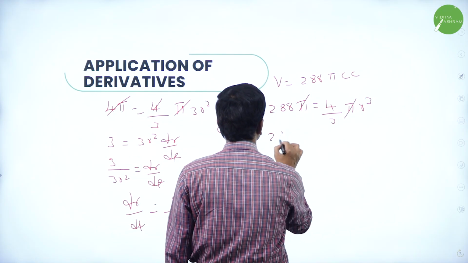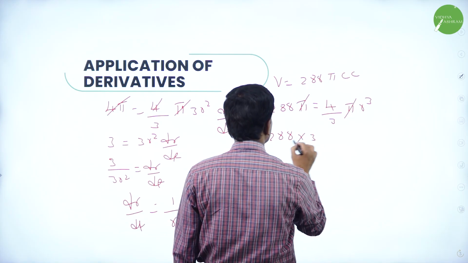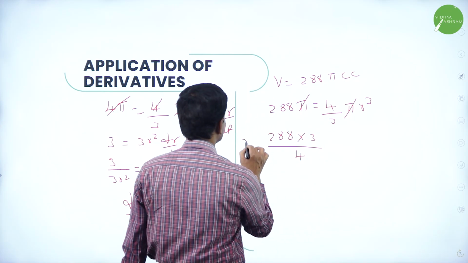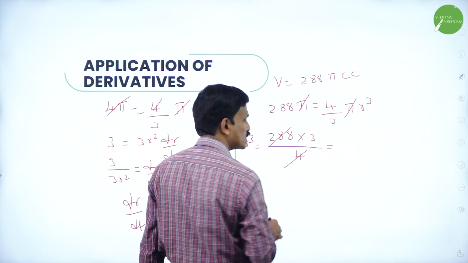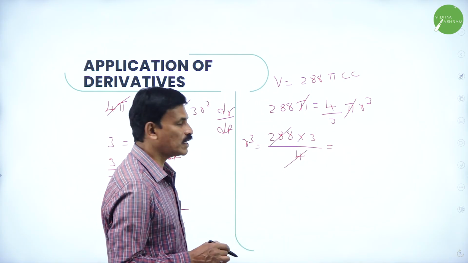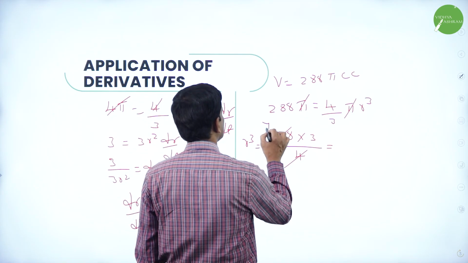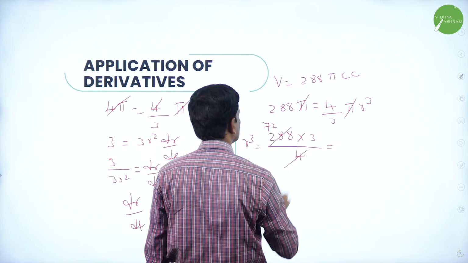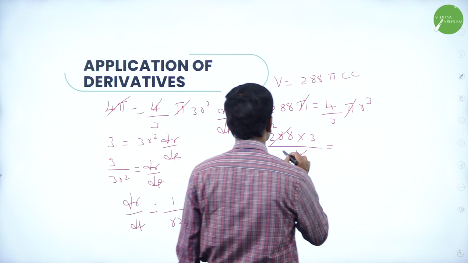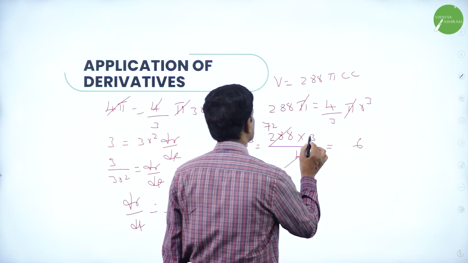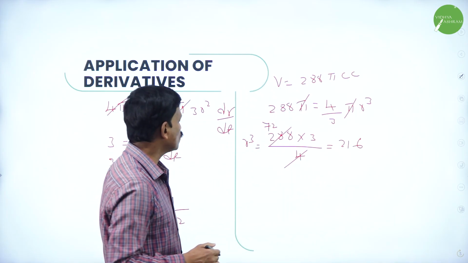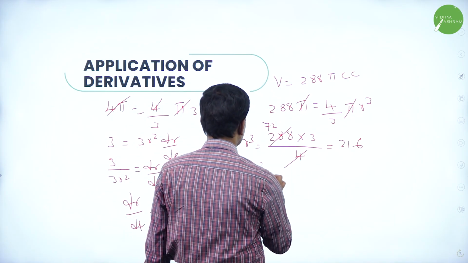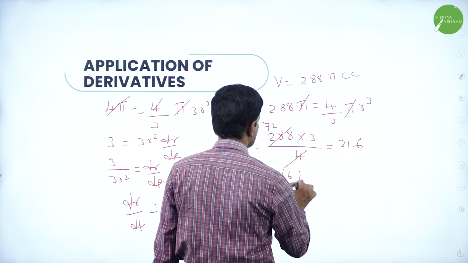Cross multiplied, 288 into 3 divided by 4 is equal to r cube. Now just divide: 288 divided by 4, that's 72, into 3, that's 216. This can be written as r cube is equal to 6 cube.